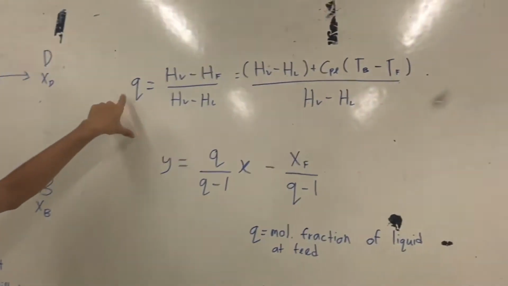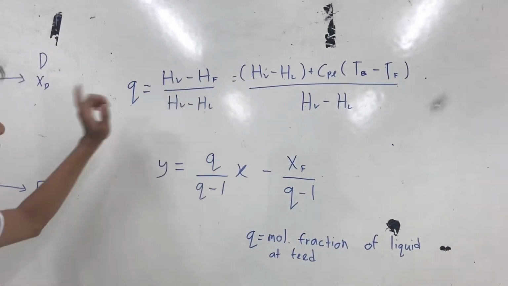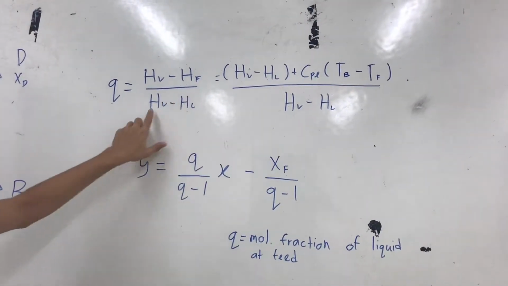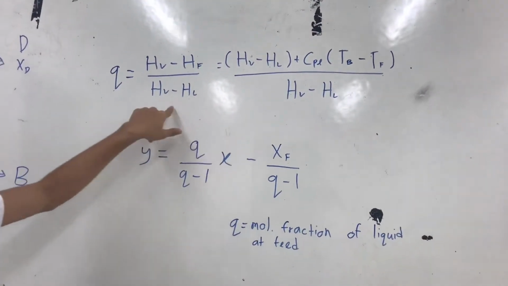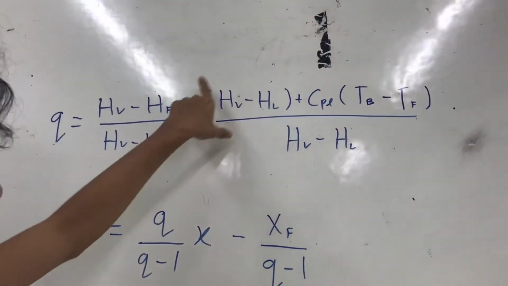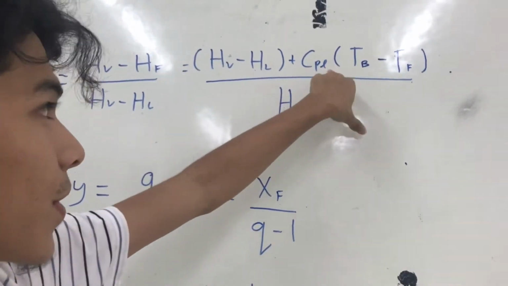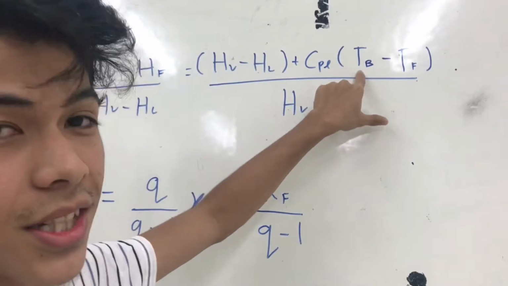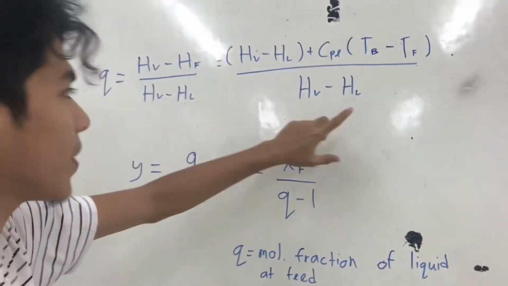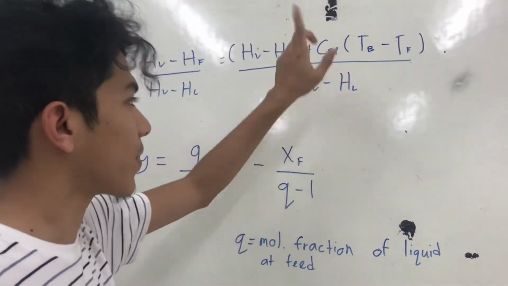q is equal to the enthalpy at dew point minus the enthalpy of the feed, over the enthalpy at dew point minus the enthalpy at bubble point. HV minus HL is the latent heat of the feed. It is also equal to HV minus HL, the latent heat of the feed, plus the heat capacity of the liquid feed times the boiling temperature of the feed minus the temperature of the feed in Kelvin, over HV minus HL, the latent heat of the feed.